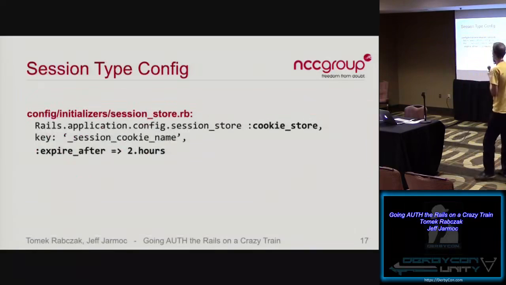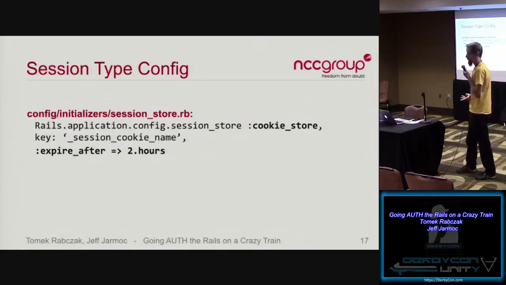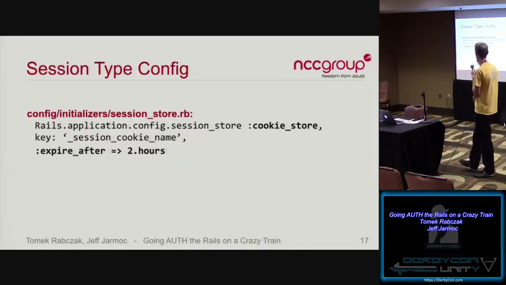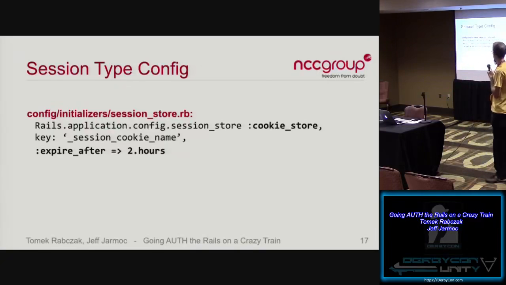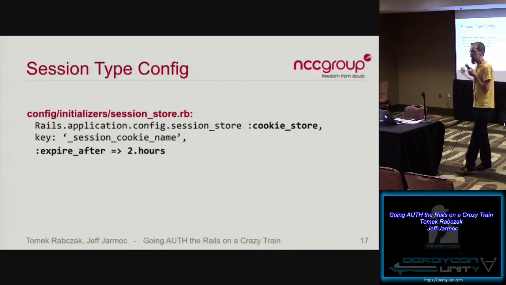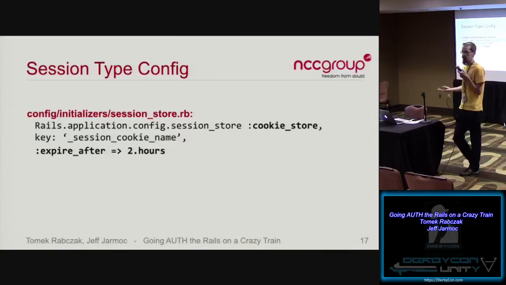Okay. So, we talked about having a couple of different types of sessions. Those are going to be configured in your session store initializer file, with a line that looks a little bit like this. You'll note there on this particular one, we've got the session set as cookie store. And then I bolded the expire after setting. That's not there by default. So if you don't have that there, your sessions are going to live forever. So that's one thing when you're assessing applications you want to look at: is there a session timeout?